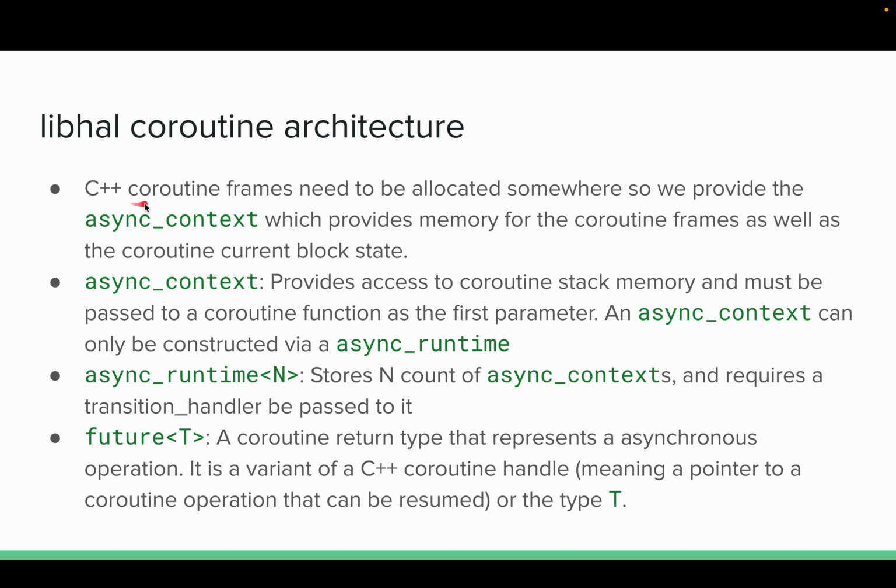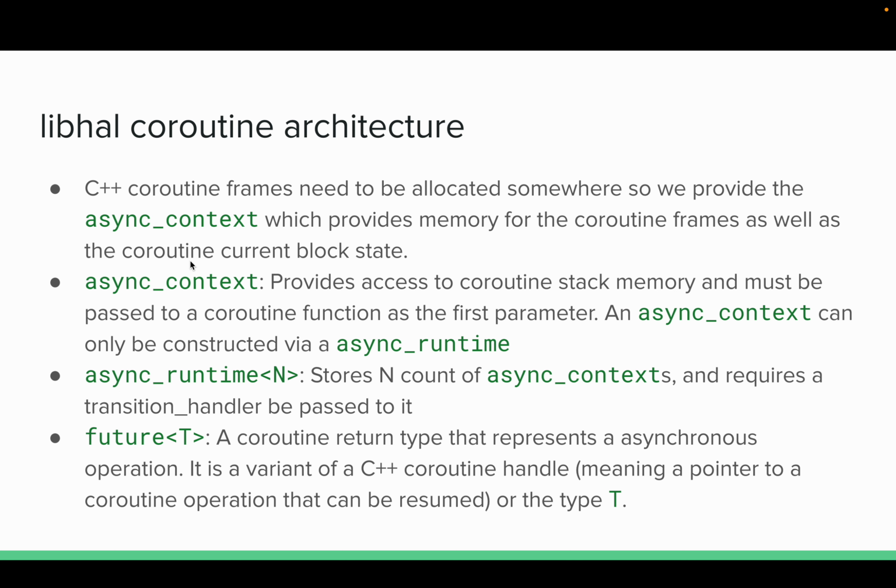C++ coroutine frames need to be allocated somewhere. So that somewhere that we provide is called an async context. This provides memory for the coroutine frame, as well as information about what its block state is. On top of also managing the memory for each one of the coroutine contexts, I realized that it makes sense to report information back to the application about the state of a particular coroutine, and to use a handler for that.